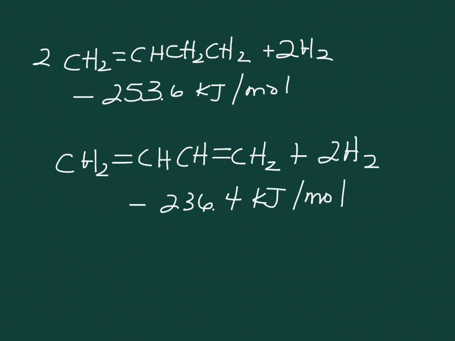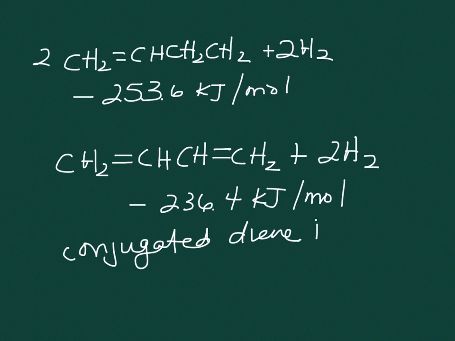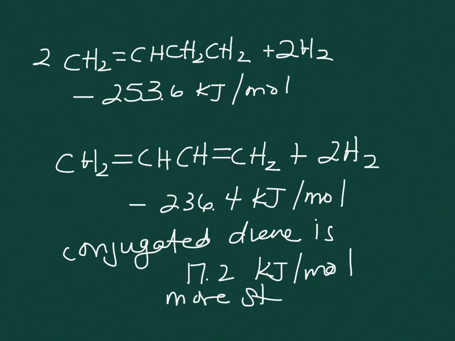So the conjugated diene is 17.2 kilojoules per mole more stable. We're going to explore the source of this stabilization in the next section.